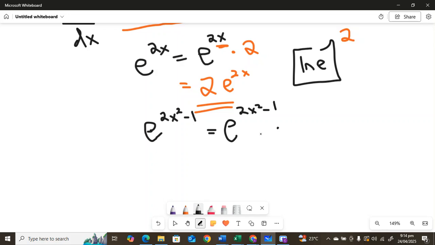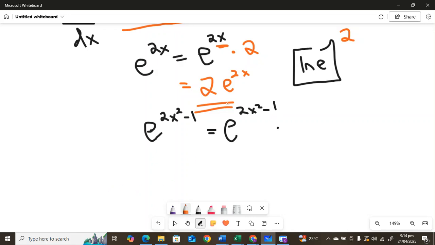Colleagues, when we derive this exponent, what do we get? So you derive the 2x squared and you derive this 1.